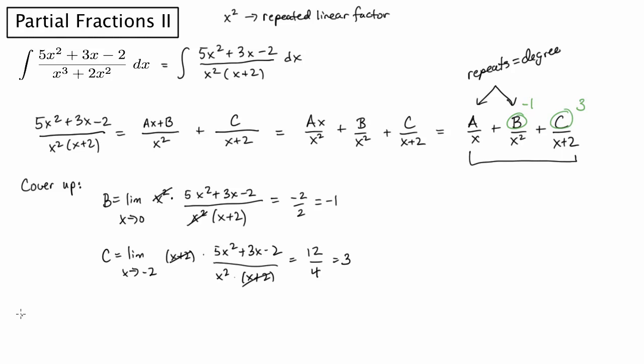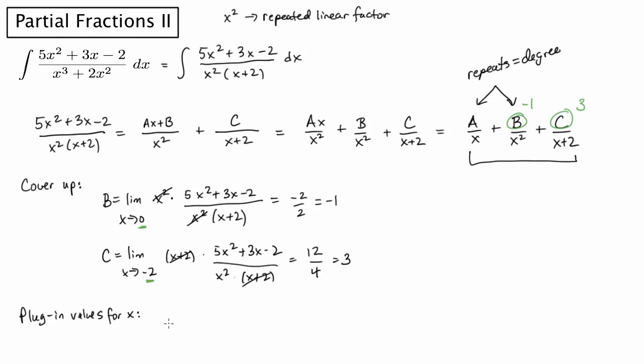Well, in order to find a, you're basically going to plug in values for x. Now, the simplest value to plug in for x is one that you haven't considered in your limits so far. So my two limits were 0 and negative 2. I haven't done a limit as x goes to 1, so if I plug 1 on both sides, I should be okay.